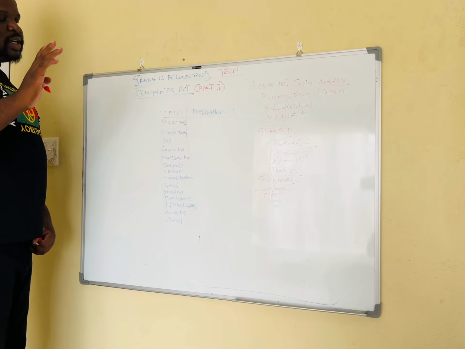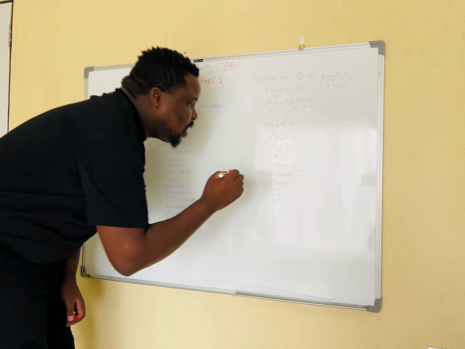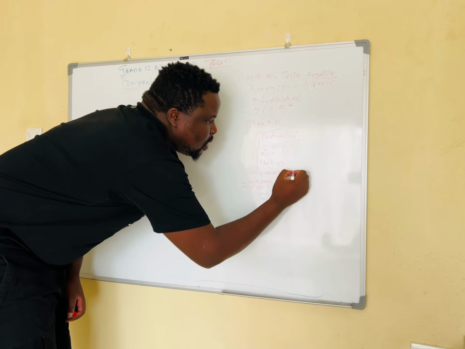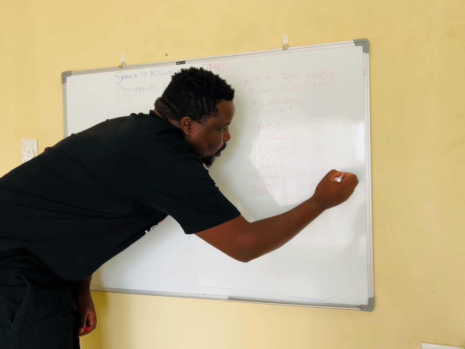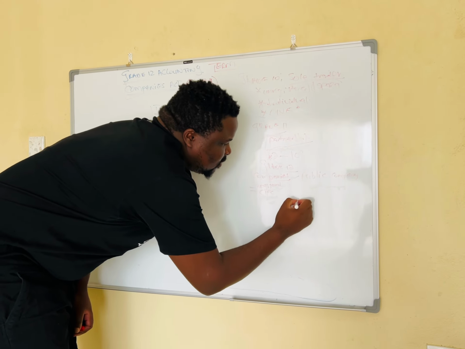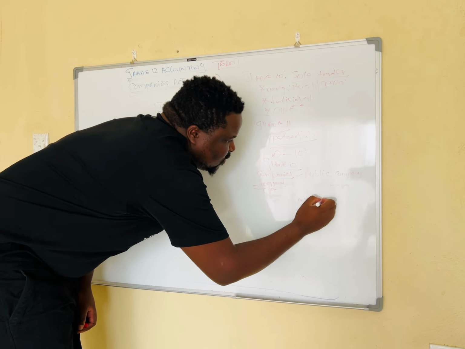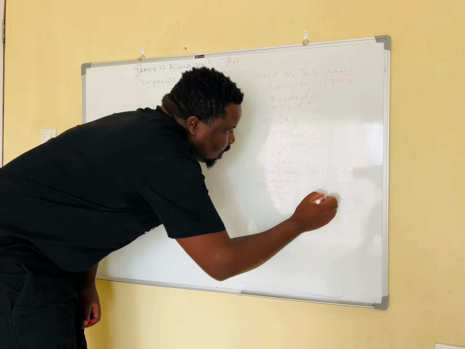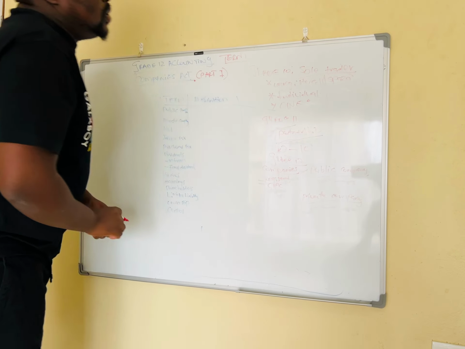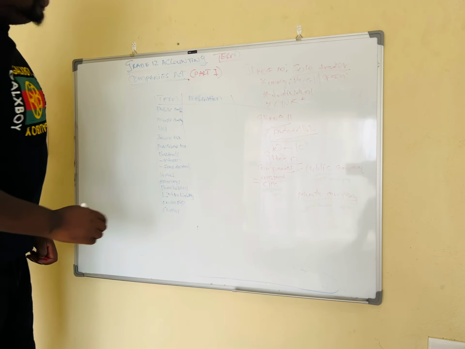So there are two different types of companies. We have public company, and then we have private company. And it's very important that you know the difference between the two.